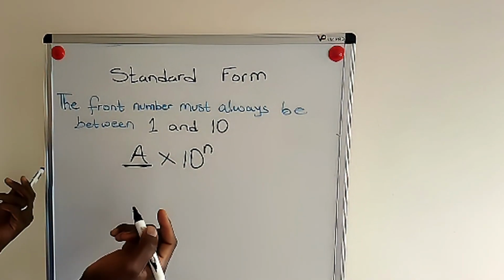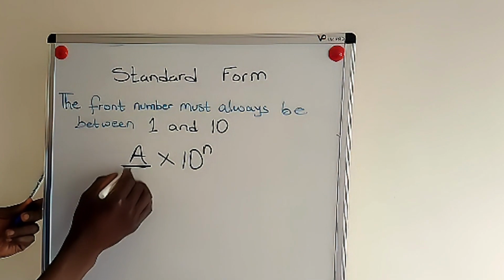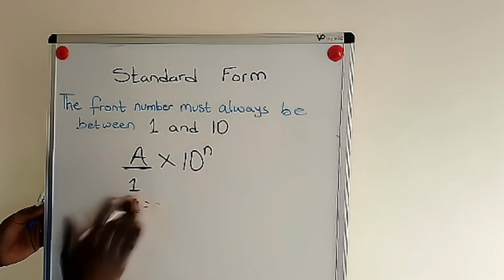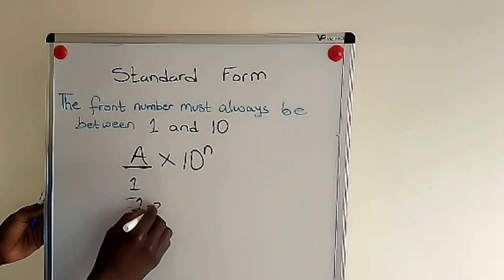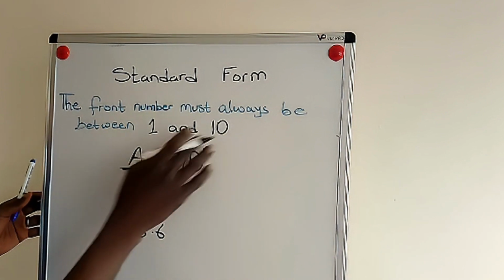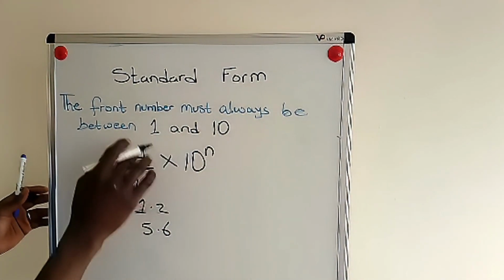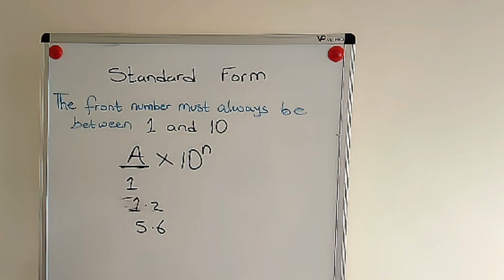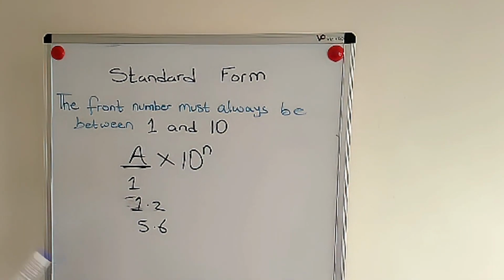It depends on the question you're given. Your a can be 1, it can be 1.2, it can be 5.6, it can be anything, but not equal to 10. So it's just going to be between 1 and 10. If you keep that in mind, then you are good with the first rule.